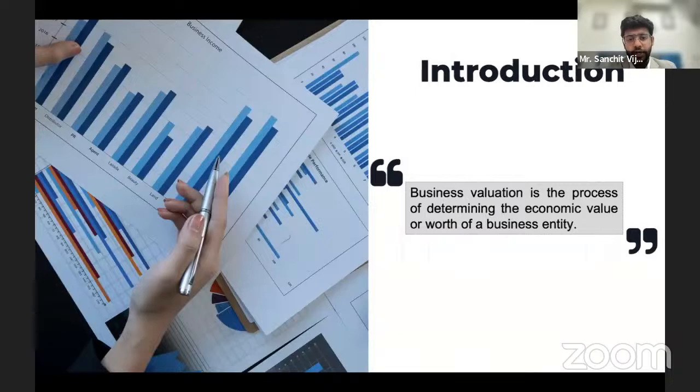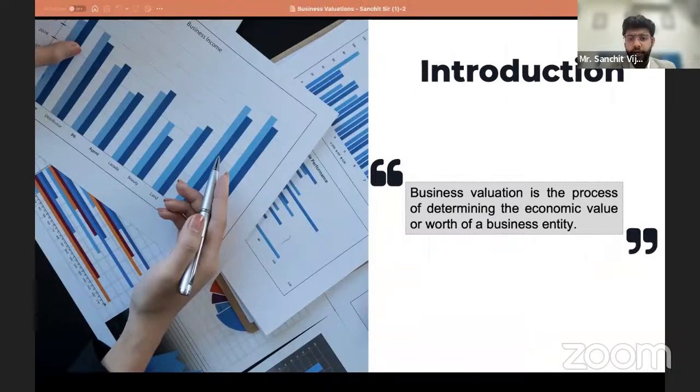Business valuation refers to the process of determining the economic value of a business or company. It involves assessing the financial and non-financial factors that contribute to the overall worth of the business. The objective here is to estimate the fair market value of the business, which represents the price at which the business would change hands between a willing buyer and a willing seller in an open and unrestricted market.